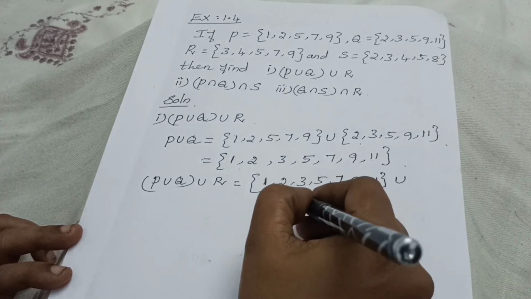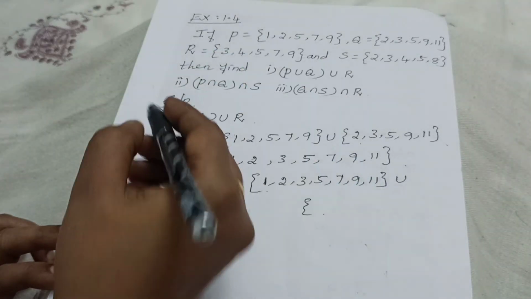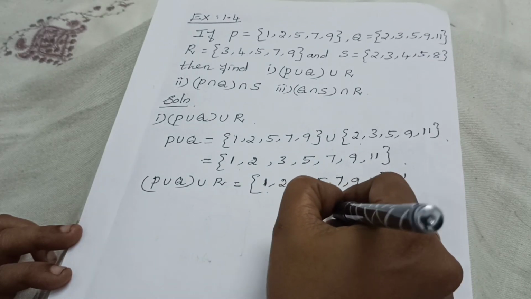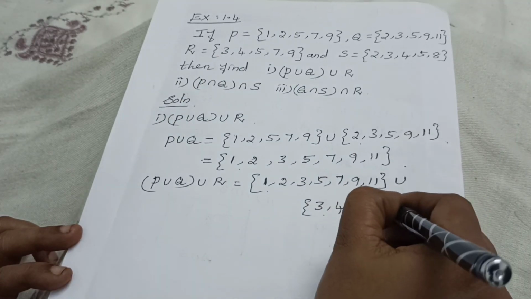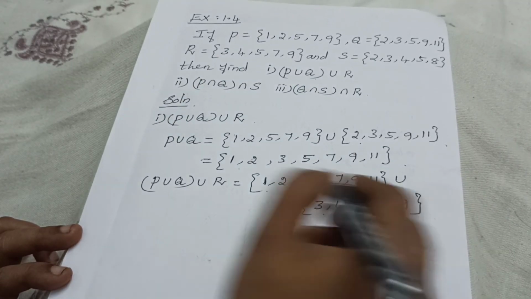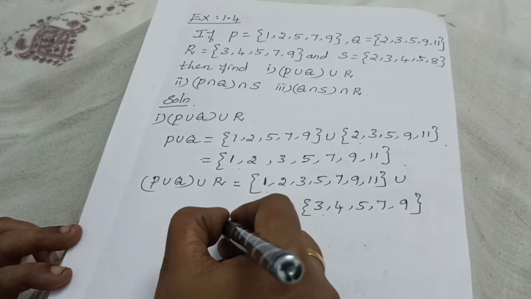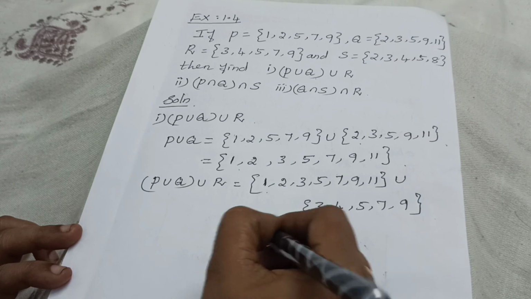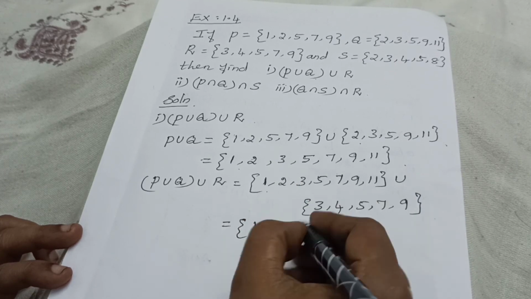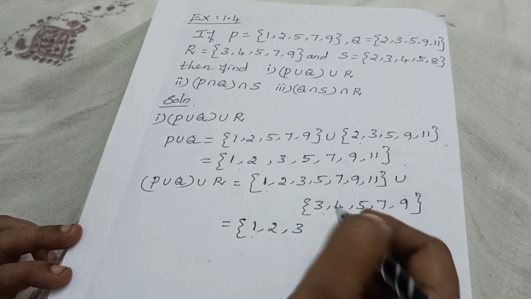Then union. What are the R elements? 3, 4, 5, 7, 9. Together we have to write these two. Then 1, 2, then 3 in both, one time we should write it.